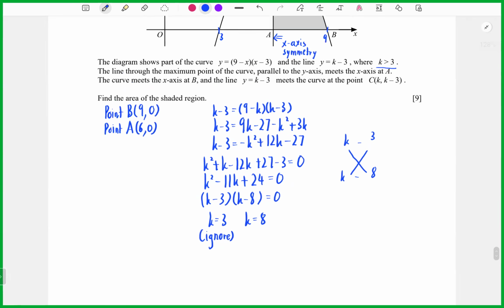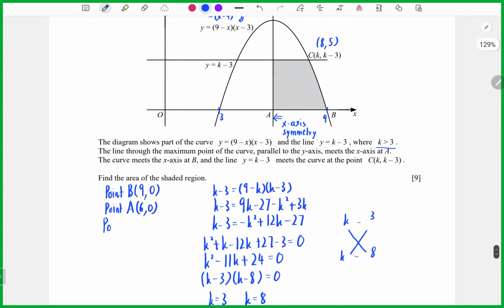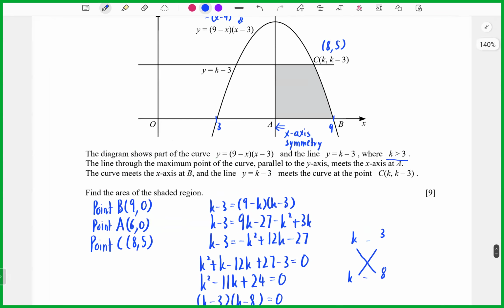So I write here, the point C is (8, 5). Now we need to find the area of the shaded region. How do we find it? Actually, I can separate it into two parts.